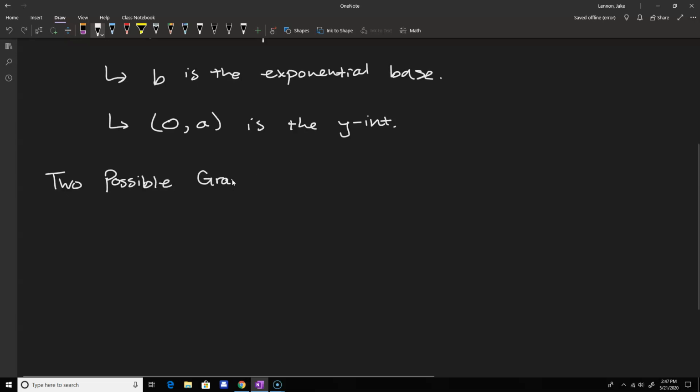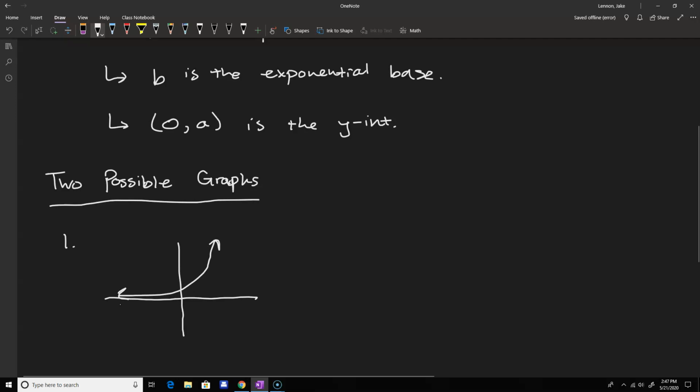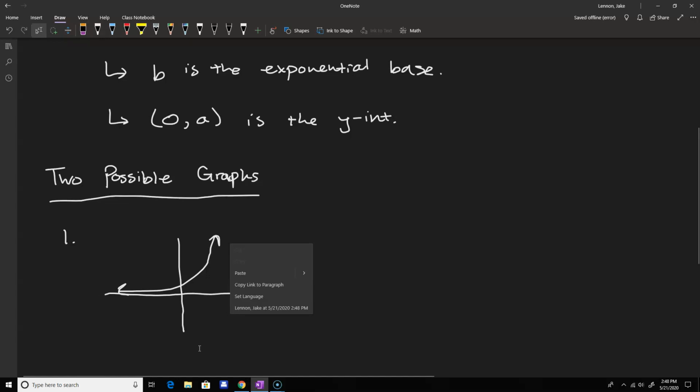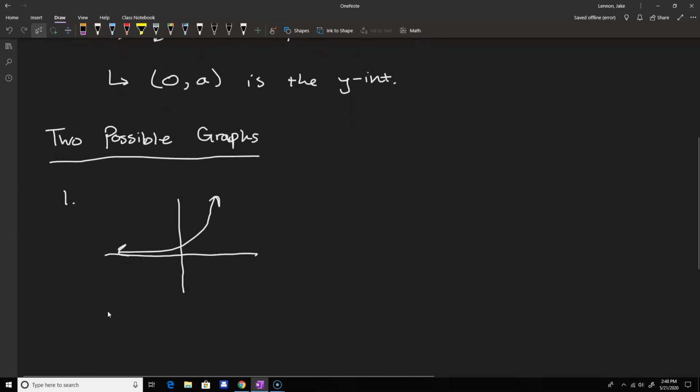So those two possible graphs, what do they look like? Well, let's draw them below. Exponential growth would look something like this. It reaches a horizontal asymptote to the left, and to the right it explodes to infinity. So this is exponential growth, and it happens when b is greater than 1. And the other scenario is exponential decay, which is essentially just a mirror image about the y-axis.